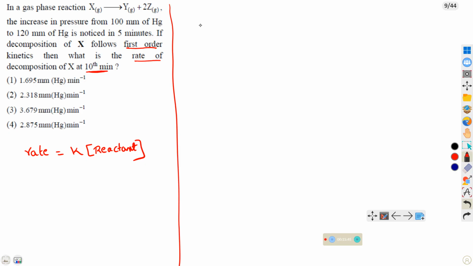Given, apply integrated rate equation of first order reaction. First calculate the value of K. K is equals to 2.303 by t log of R naught by R. Here the equation is X gives rise to Y plus 2Z.